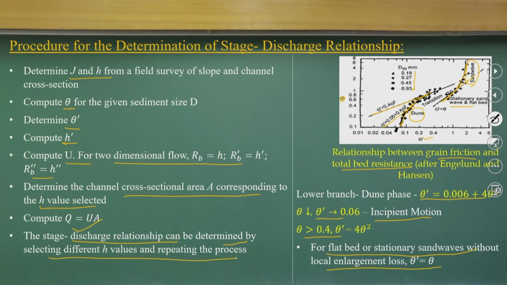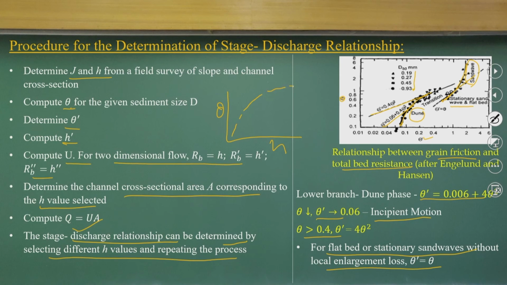So, you change the H values and compute what the Q value could be as the H and friction slopes are changing. For different cross sections, you will have different discharges. So, that is the reason we can develop a rating curve, H versus Q, which takes care of the bed form resistance and establishes a relationship.